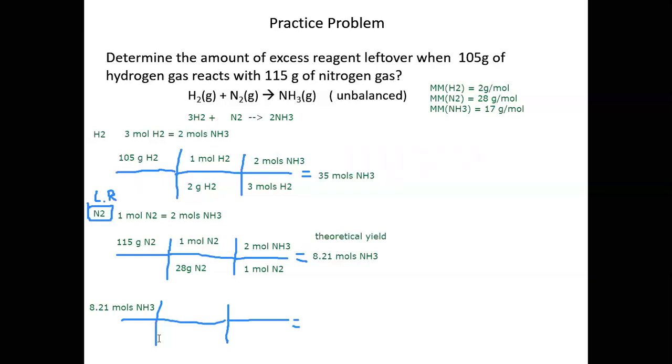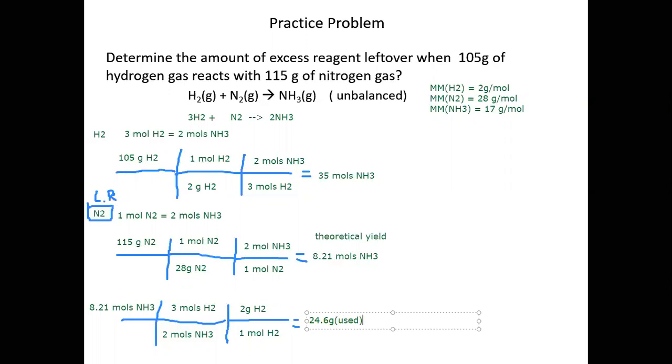We're going to convert this to moles of hydrogen, and then we're going to convert it to mass of hydrogen. This will tell us how much hydrogen was used in the experiment. And we get 24.6 grams. And again, this is how much is used.